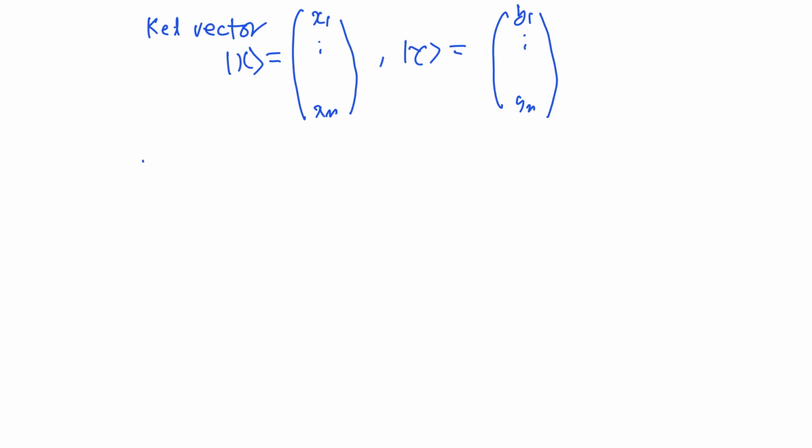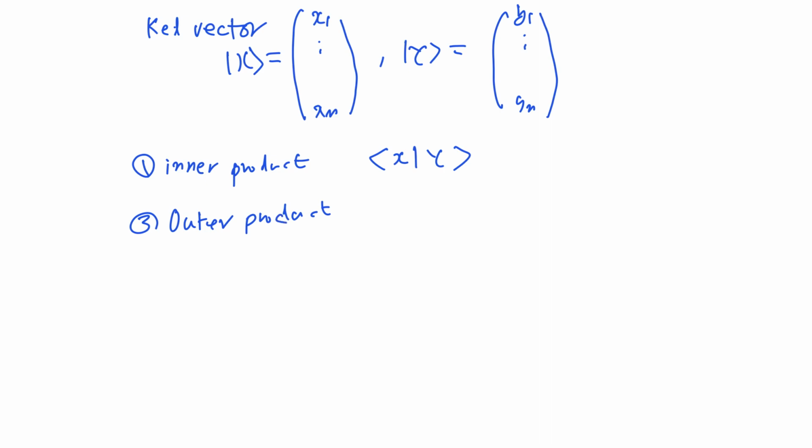Inner product, which is like x and y, and outer product. The inner product result is a real number or complex number, and the outer product produces an n by n matrix.